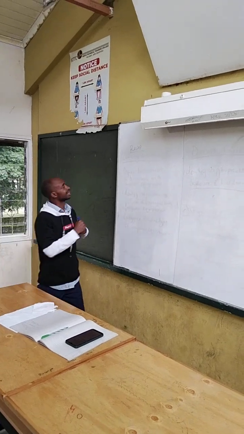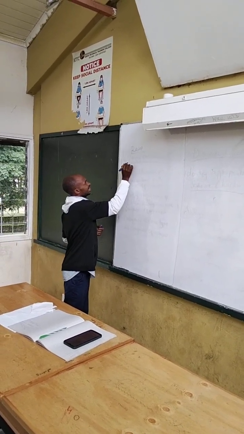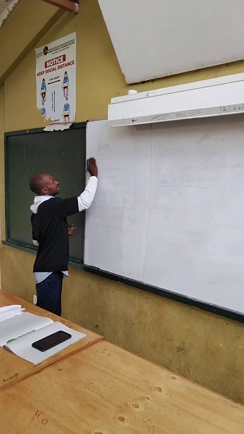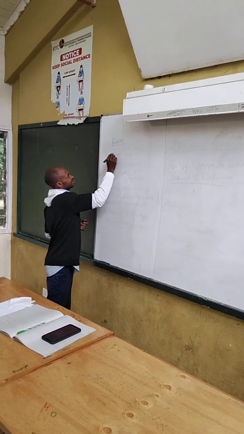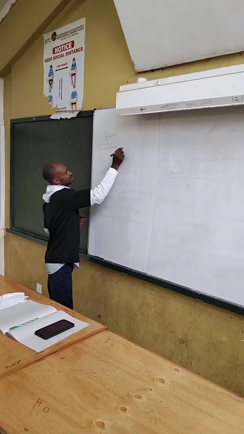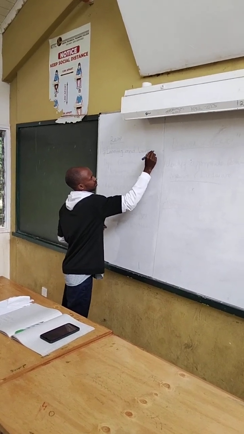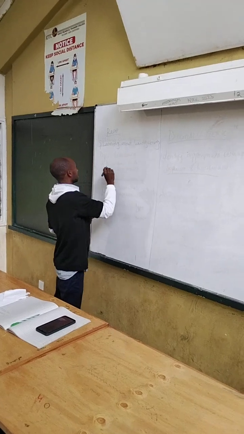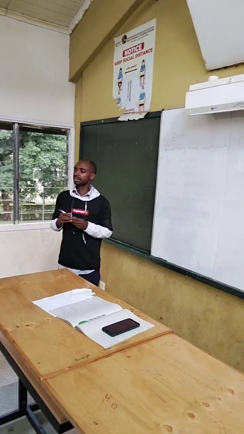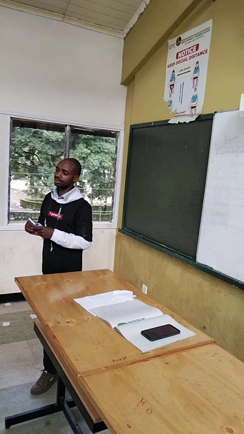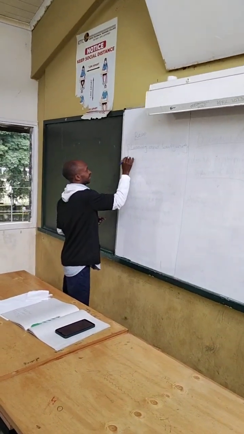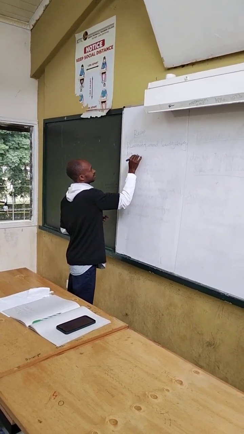Number one, planning and budgeting. Number two, acquiring goods and services.